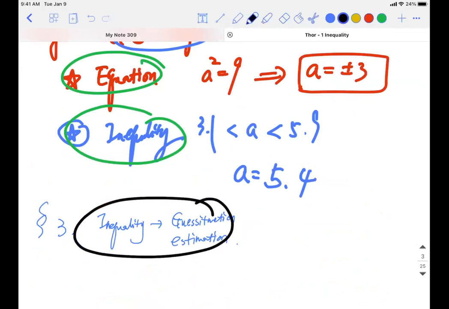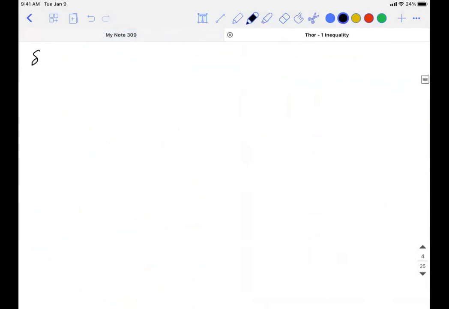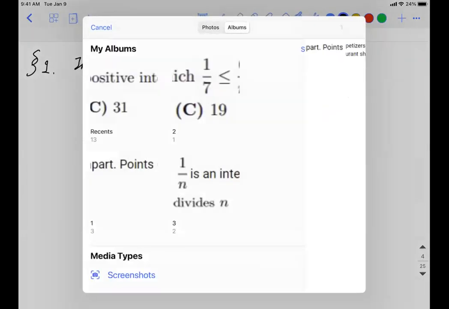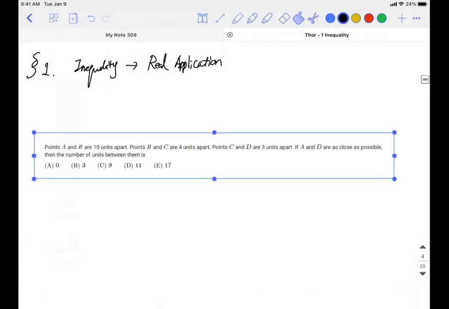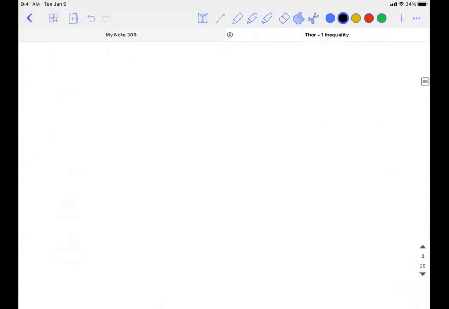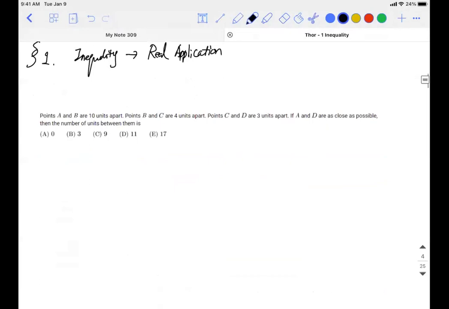If all good, let's use some real problems to see how you're going to deal with these real categories. So let's go to our category number 1. Inequality for some real problems, real application. Okay, let's go for our first problem. Our first problem comes from 1996.